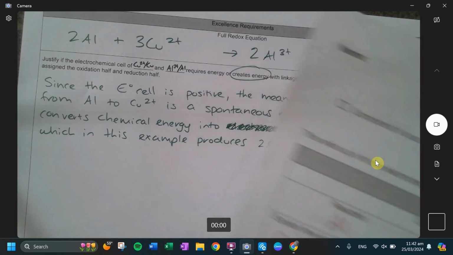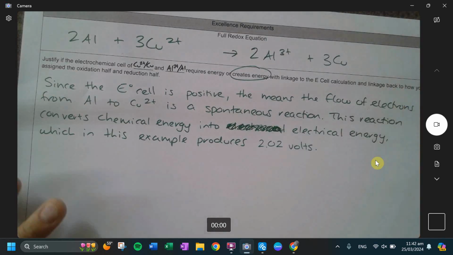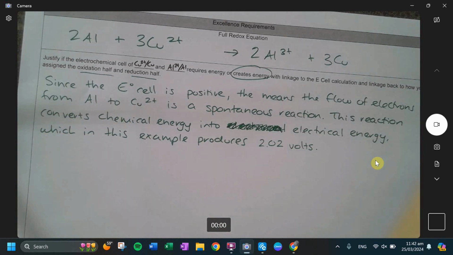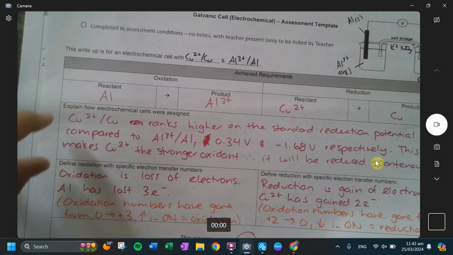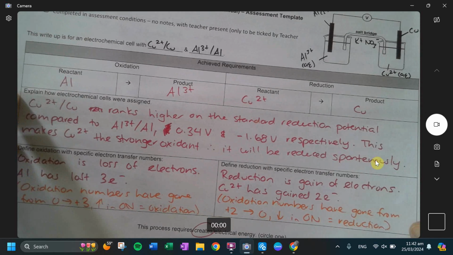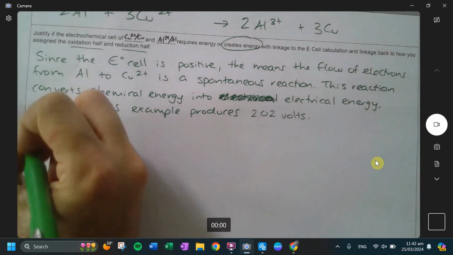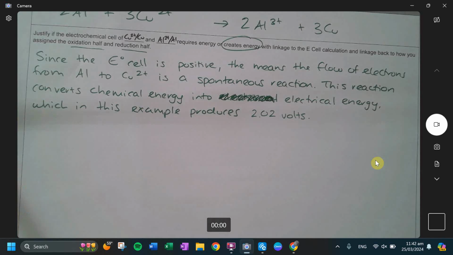Cool. And even though I have justified how I have assigned my oxidation and reduction half, I'm still going to repeat it just in case. You did explain it up here, but it's nice just to give a backup. So I know that Cu2+ is going to be the oxidant because its standard reduction potential is higher than the aluminum.